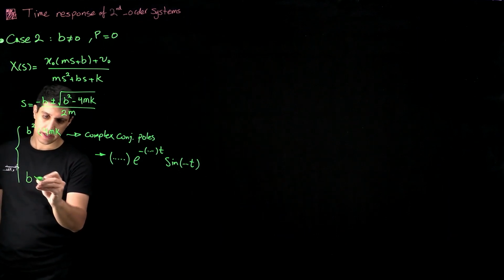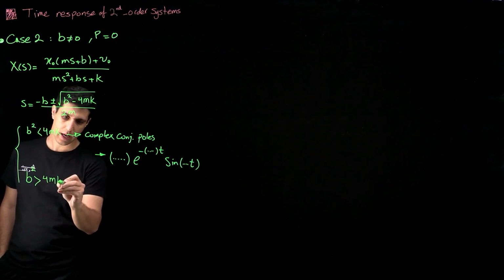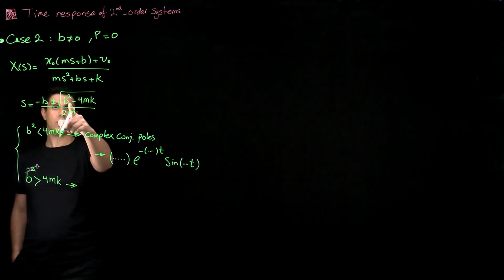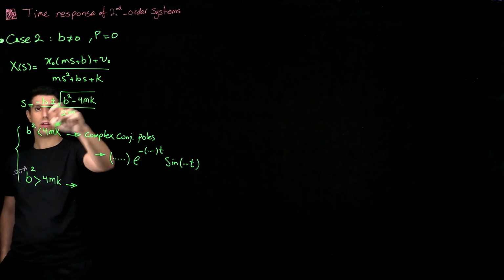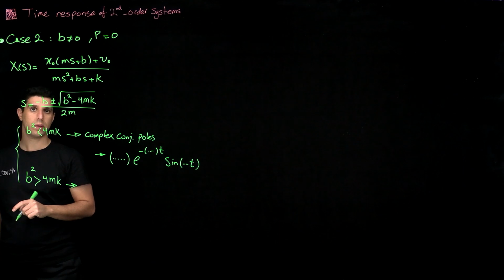Conversely, if b squared is bigger than 4mk, this becomes a real value, and both of my poles will be real.